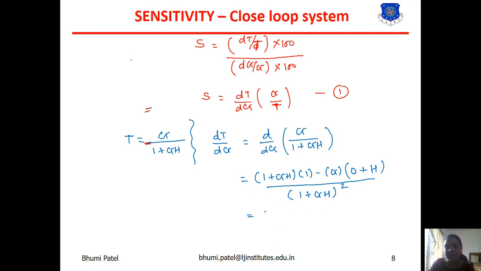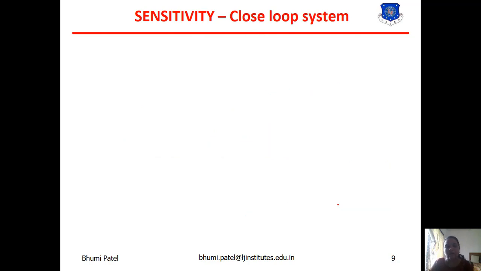So we can simplify this equation: 1 plus GH minus GH upon 1 plus GH whole square. Here the term GH is cancelled out, and we get dT by dG is equal to 1 upon 1 plus GH whole square. This is equation number 2.